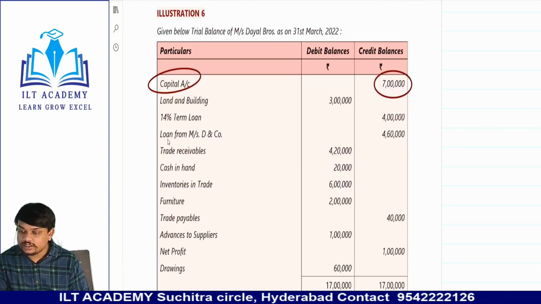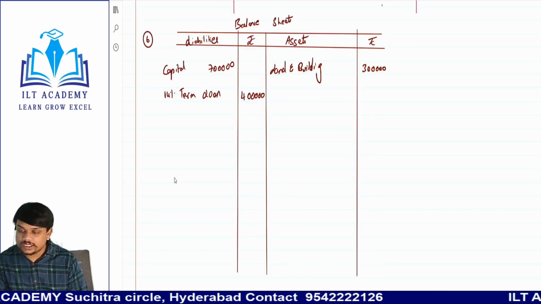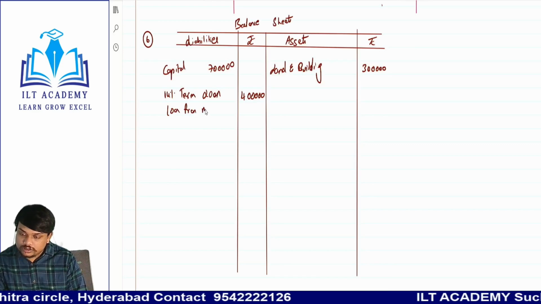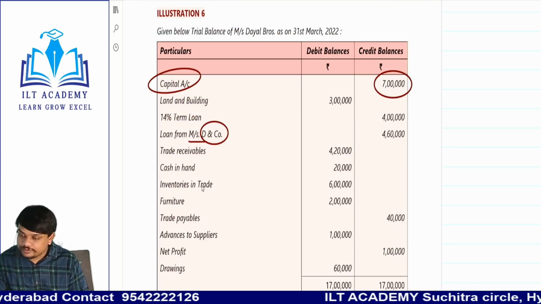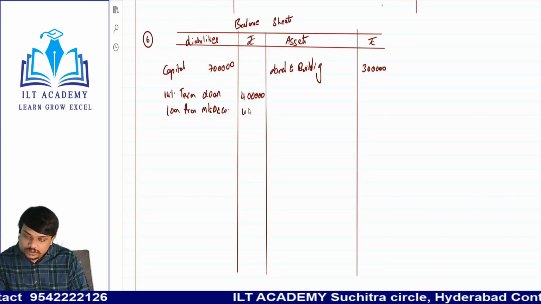Next we are having loan from Messrs D and Company 4,60,000. This 4,60,000.